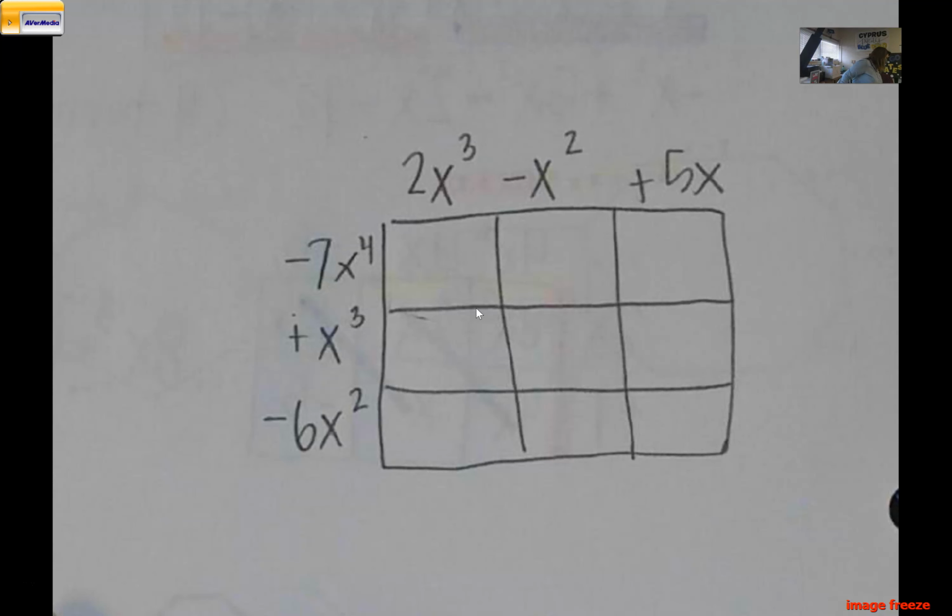I would wait to combine like terms until we check our box. So just get the inside of the box, and then we'll compare ours, and then you can combine like terms. Just try to fill in your box.